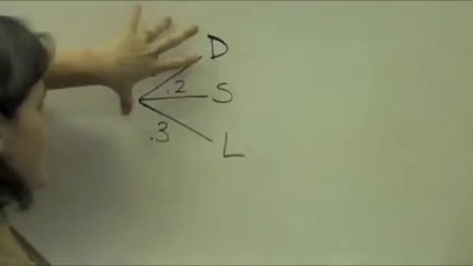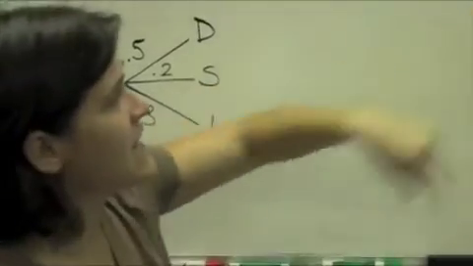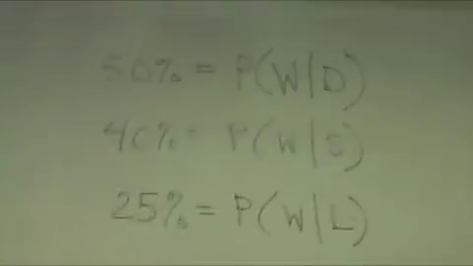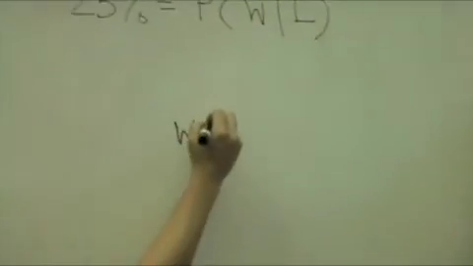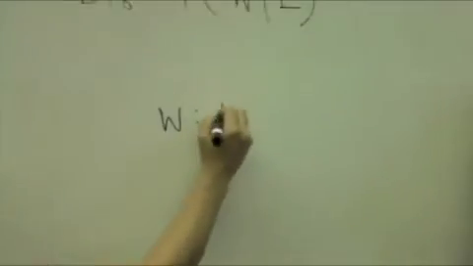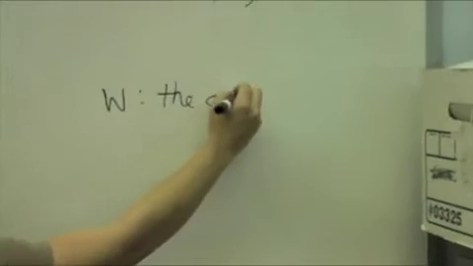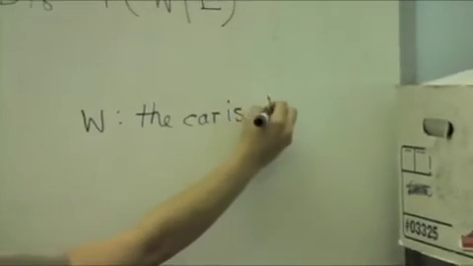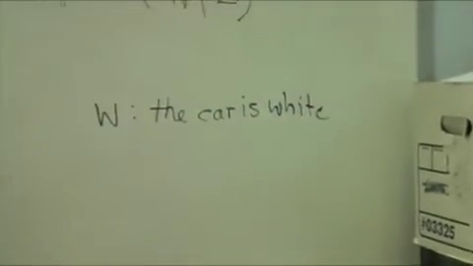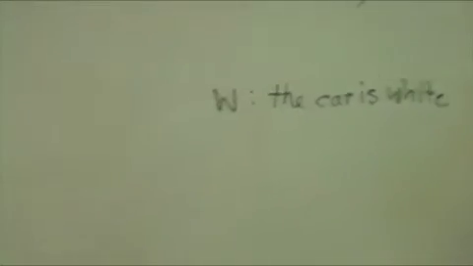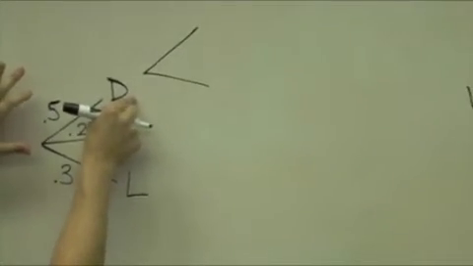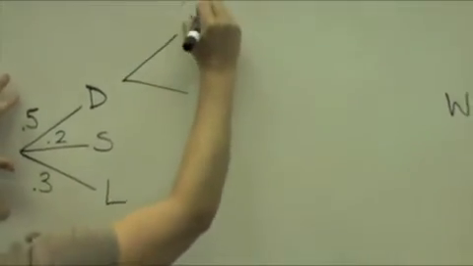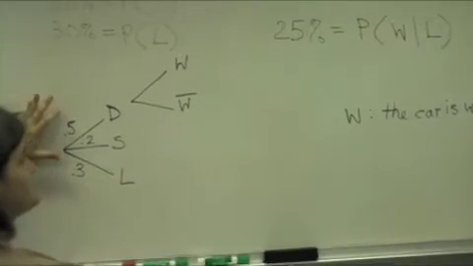The next thing that we're concerned about is the color of the car. Right now, oh, I forgot to write, didn't I? You guys probably noticed. W is going to represent the car is white. So the next thing we're concerned about is the characteristic of the car. So the car made in Detroit is either going to be white or not.